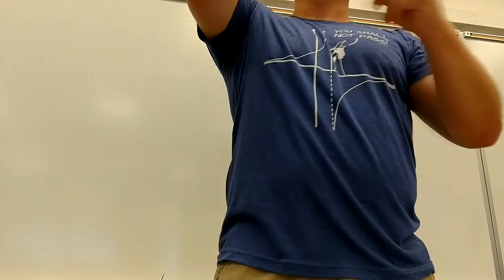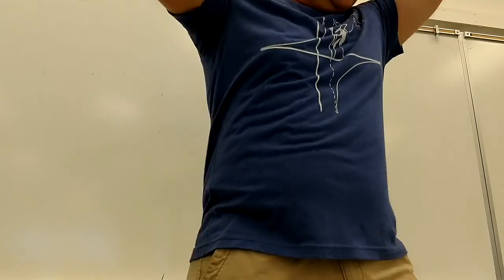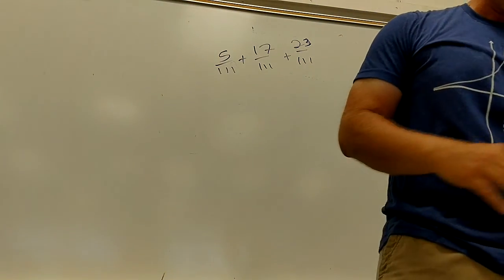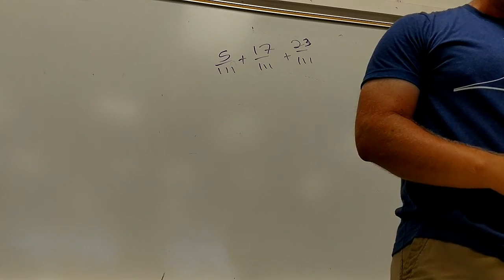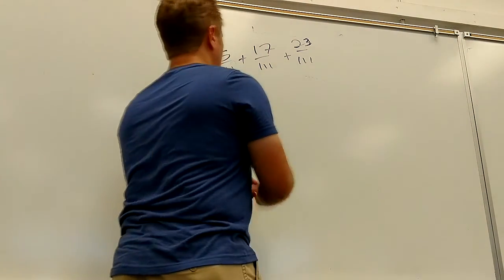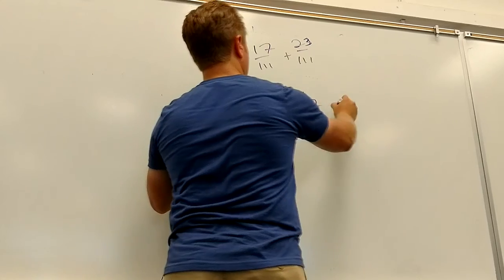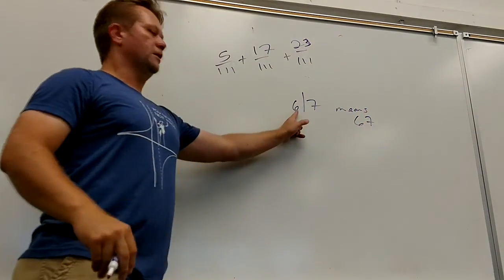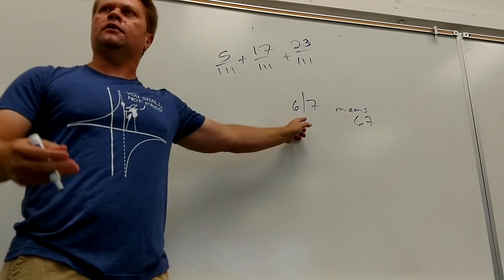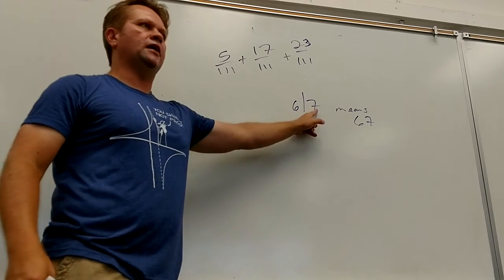Okay. Yes? On quiz question 3, how would you do a stem plot of the number 100? If I tell you that 6 | 7 means 67, mathematically that means whatever this is, I multiply by 10 and add that.